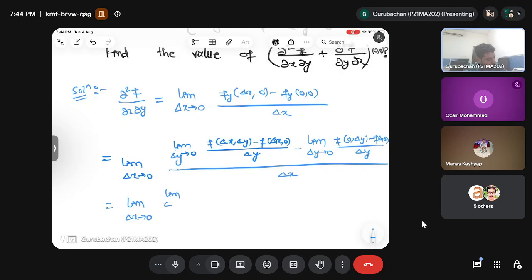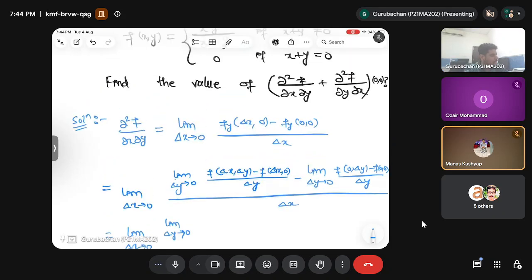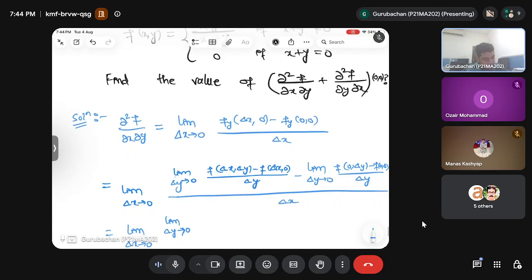Limit. So the answer is one for both, like finding the value of 1 plus 1, that is 2. Okay. No, no. For one it is 0, for the other one it is 1. So f of delta x comma delta y, what will it give you?